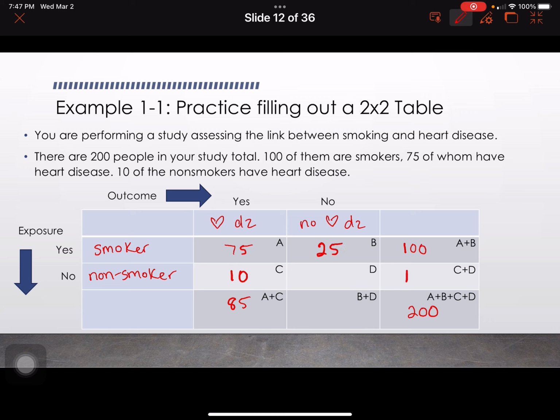We can find our other total here, based on what we have down in the bottom, our total of 200 here, then we know that this would be 90. And basically, you're just running through all this math to fill out your table and make sure it's complete. It's really common in Intro to Epi that you will only be given a few pieces of the puzzle, so you have to find the rest before you can continue.